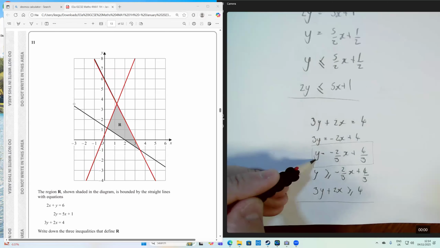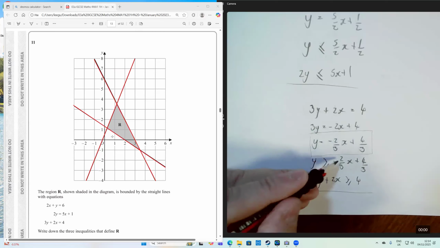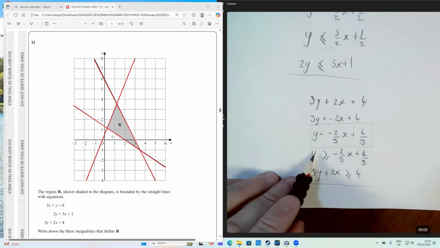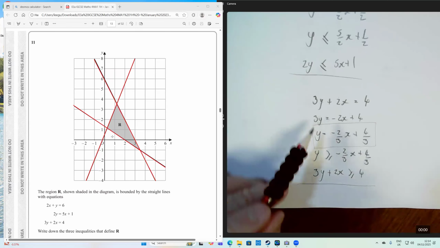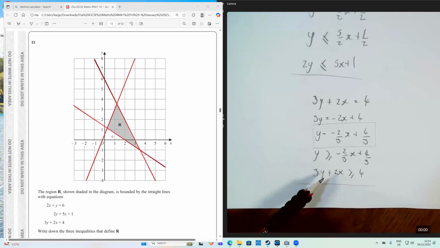We're talking about the third line here, the one we haven't used. And we can see that in the region R, the y values are above the line. So that means the y values are greater than or equal to the values on the line. And then finally, I just rearranged it back into the original format again, and I did that by multiplying by 3 and adding on 2x.